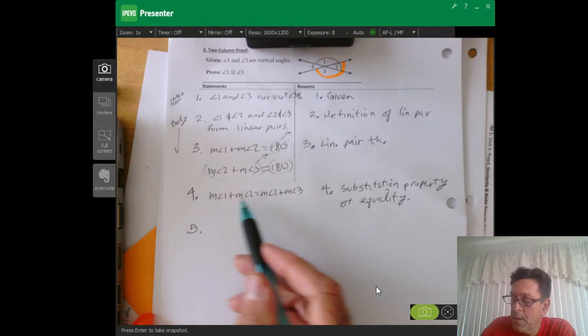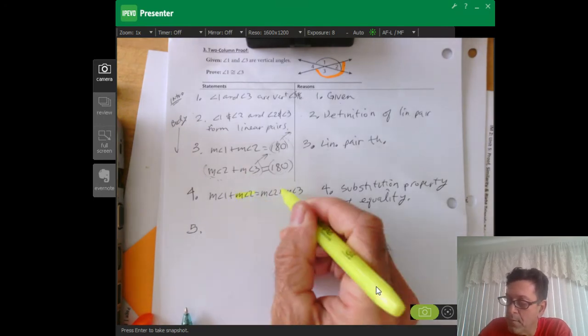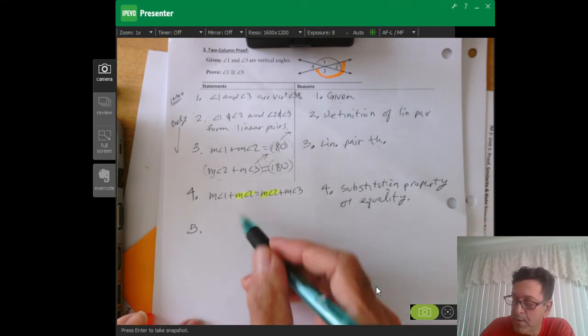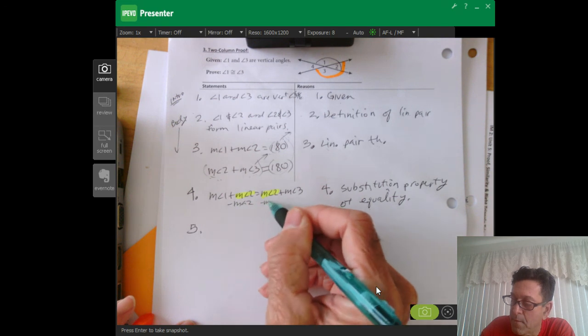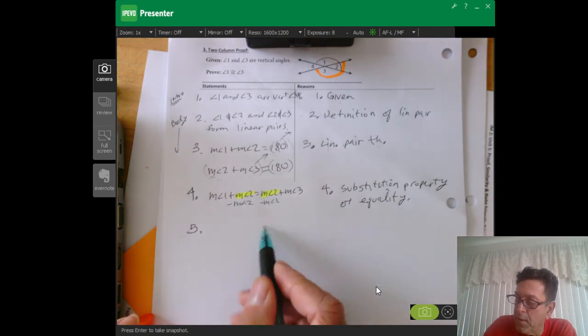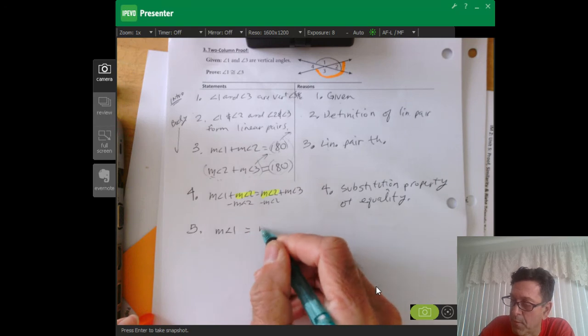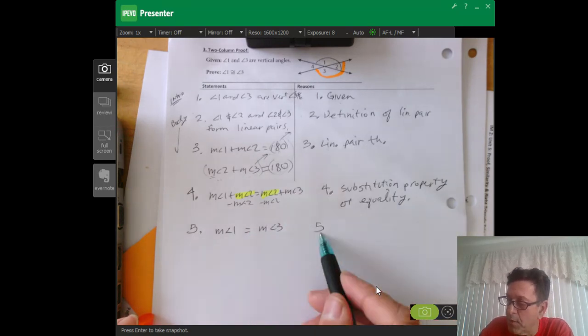So now, remember we have these two items, the measure of angle 2, which shows up on both sides of the equal sign. So we can subtract it from both sides, and we end up with the measure of angle 1 equal to the measure of angle 3, and we need a reason for that as well.